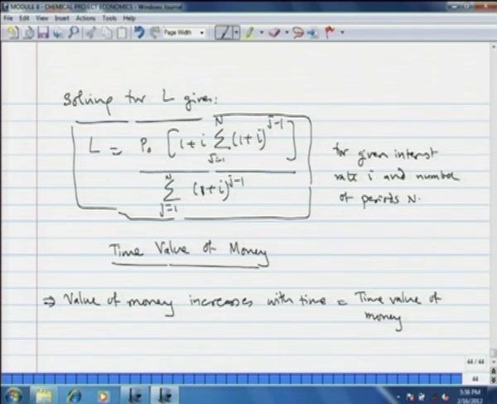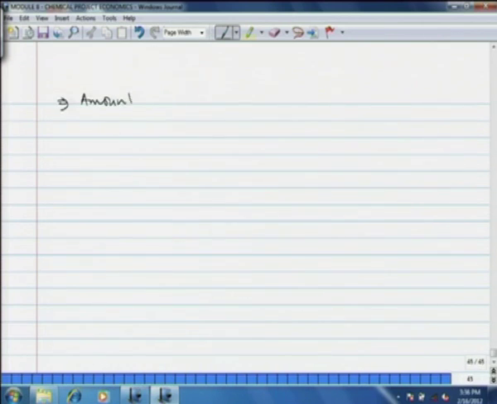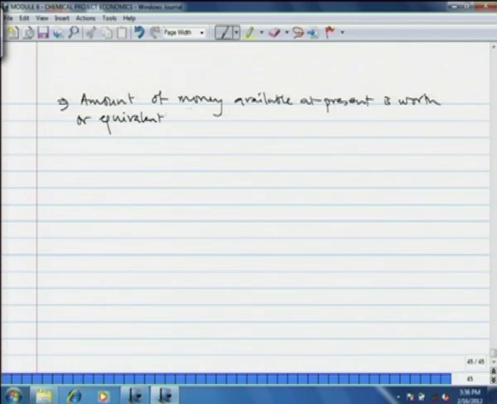We have to ensure that the business is profitable, the venture is profitable, and then we have to calculate the future value of money. An amount of money available now, or available at present, is worth or equivalent to a greater amount in future.